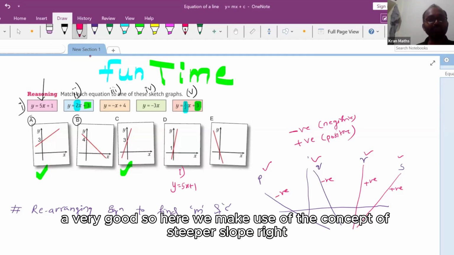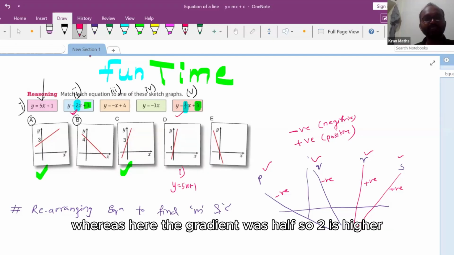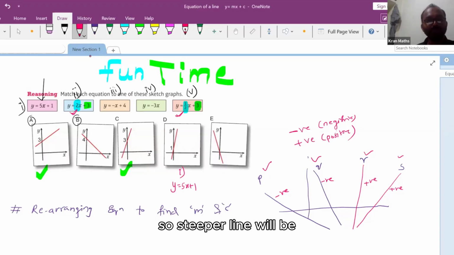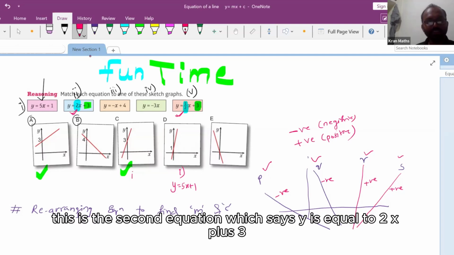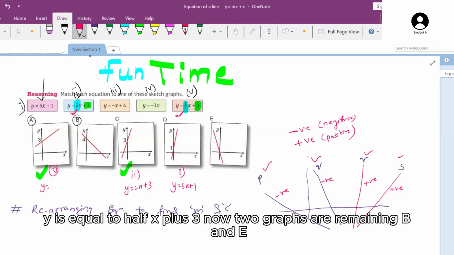Very good. So here we make use of the concept of steeper slope, right? So for y is equal to 2x, the gradient was 2, whereas here the gradient was half. So 2 is higher, so the steeper line will be 2x plus 3. So let me write here, this is the second equation which says y is equal to 2x plus 3, whereas this is the fifth equation, y is equal to half x plus 3.